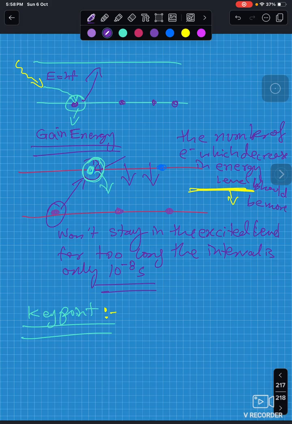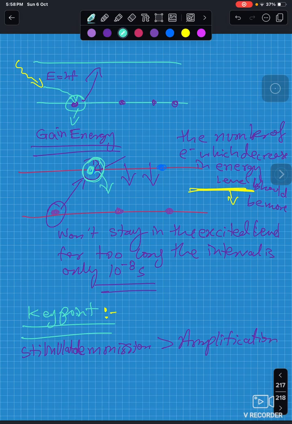Okay, now let me tell you why. If I write in equation terms, stimulated emission should be more than amplification. That should be a fact, and it is a fact.